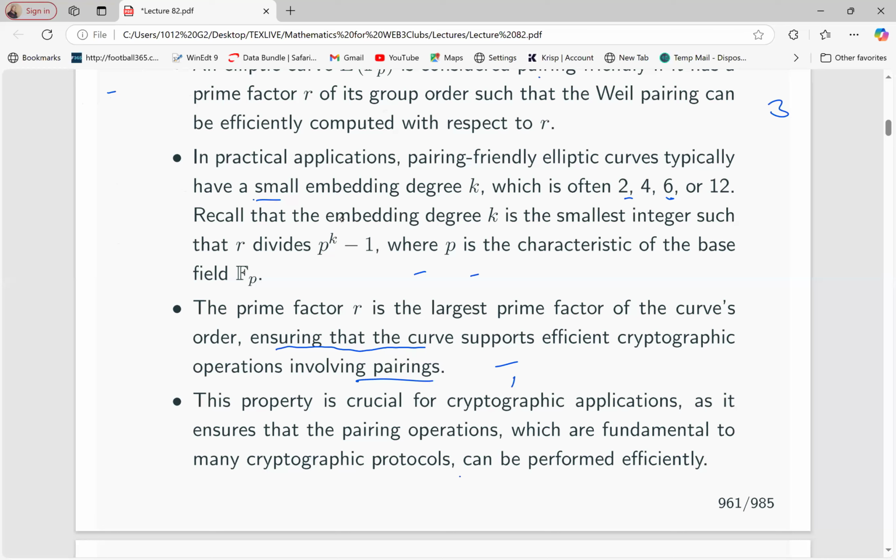We'll be getting inverses. All those are required. So if R is large, those operations can efficiently be done, unlike if R was a small value.